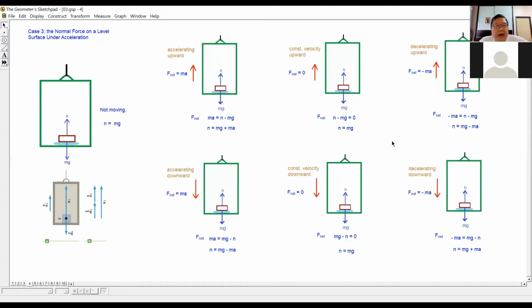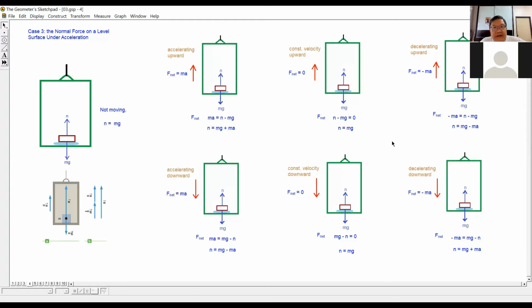Can you still remember which equation to start with? I don't think so. Can you say again? We start off by using the net force.